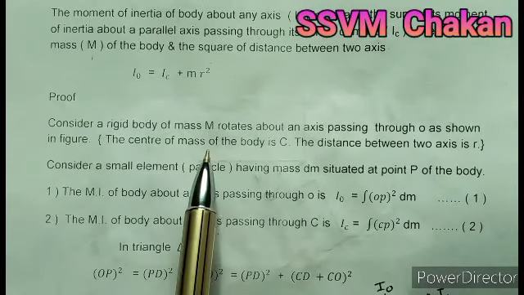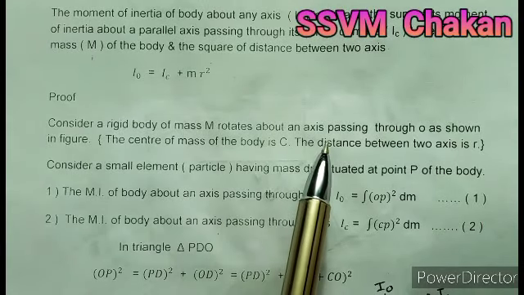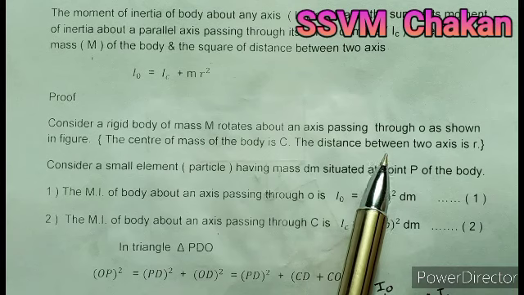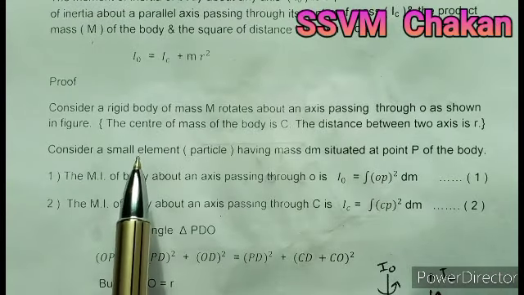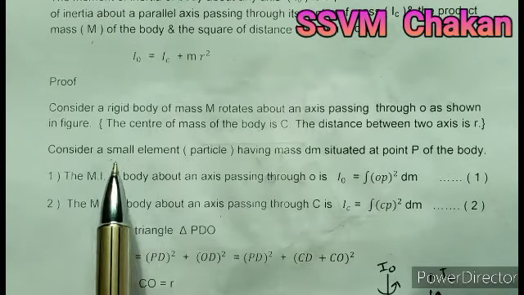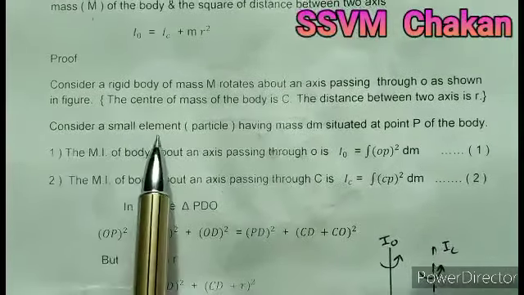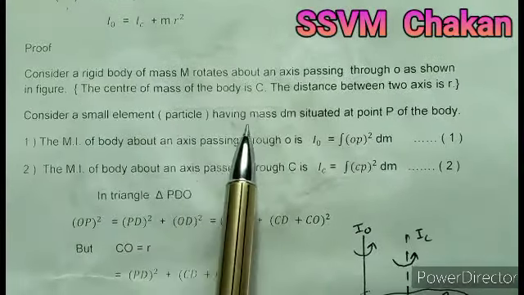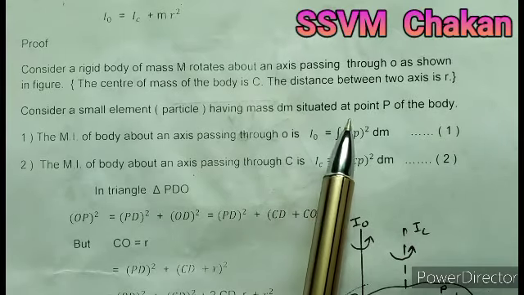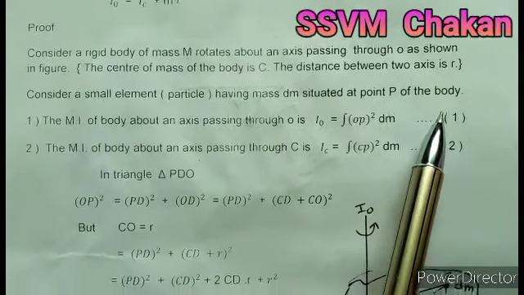Consider a rigid body of mass m rotating about an axis passing through O as shown in the figure. Consider a small element or particle having a mass dm situated at a point P of the body.